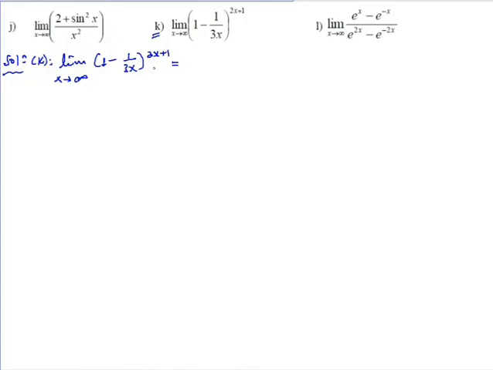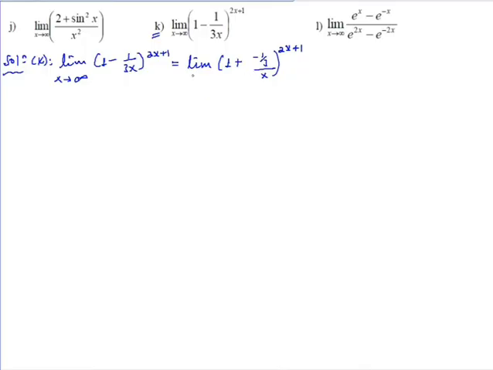So let us rearrange this limit. This becomes the limit of 1 plus minus 1 over 3 over x to the power of 2x plus 1. Here I just write this part in this form.